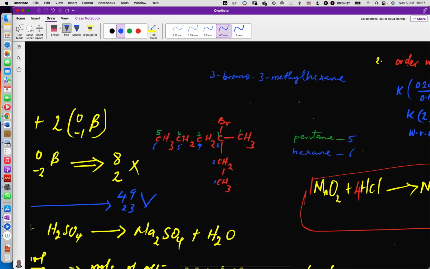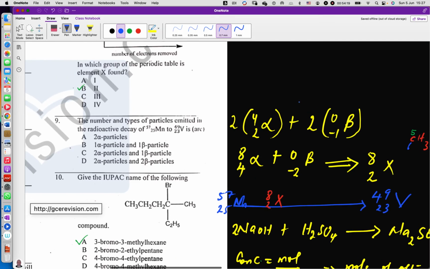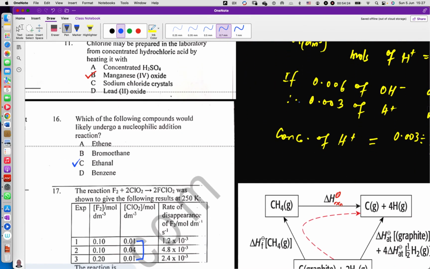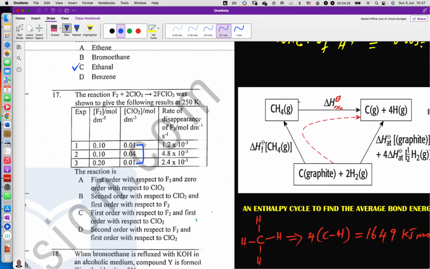Let me go there again for you to better understand. When you keep the concentration for the chlorate constant, use only the corresponding values that you are keeping constant on this side. For instance, I'm keeping the first one and the third one constant, so I'm going to use this one.